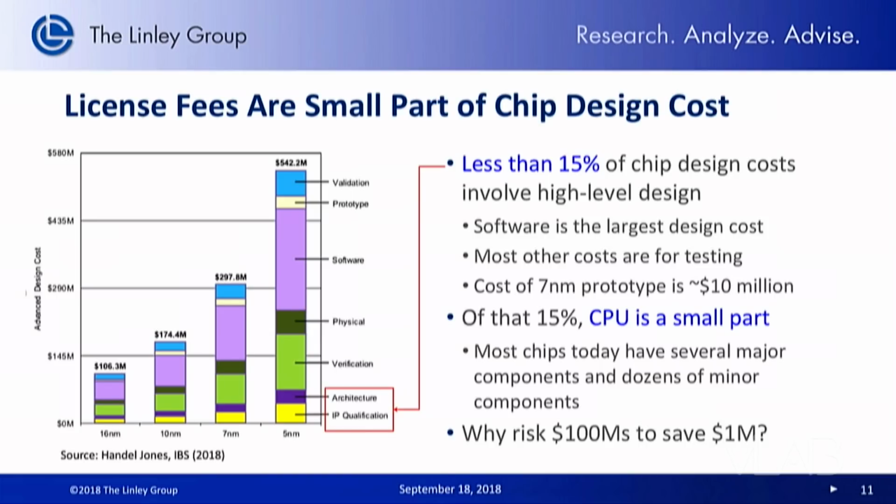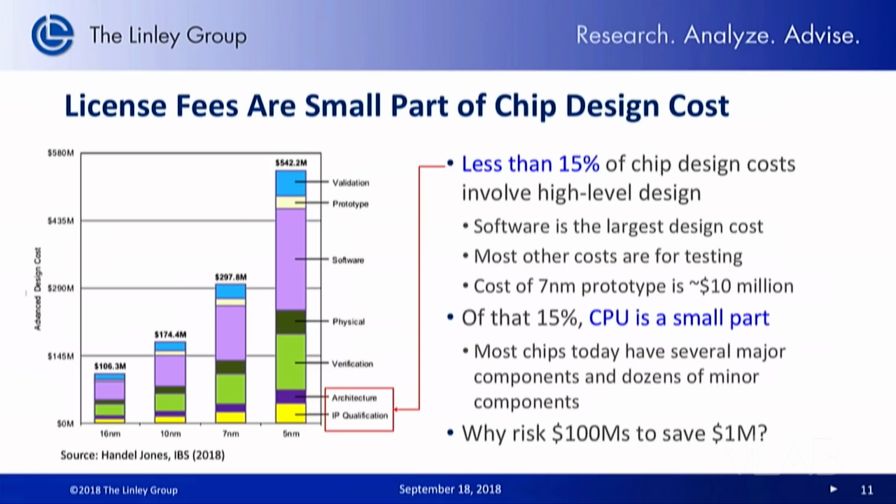A lot of the cost that goes into the chip design is the physical design, and then all of the verification that has to be done, and then the tape-out cost, which is a one-time upfront cost, can be $10 million in a leading-edge process. So companies spend a lot of money to try to make sure everything works right.